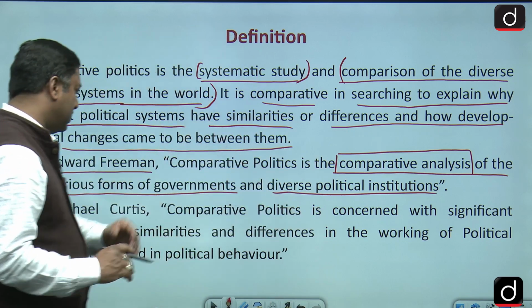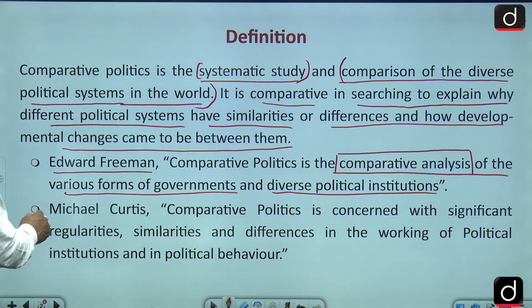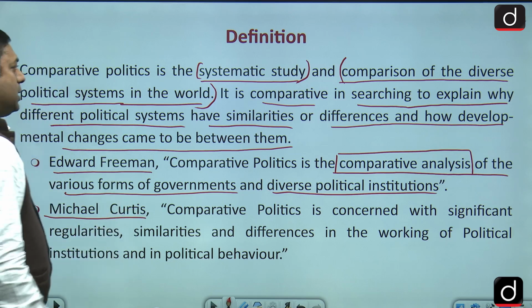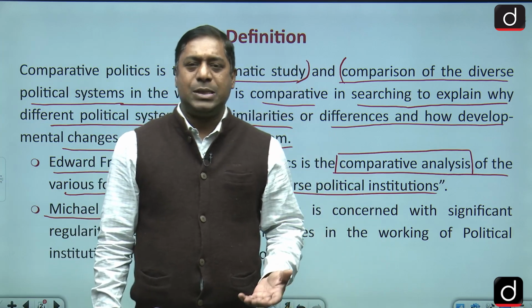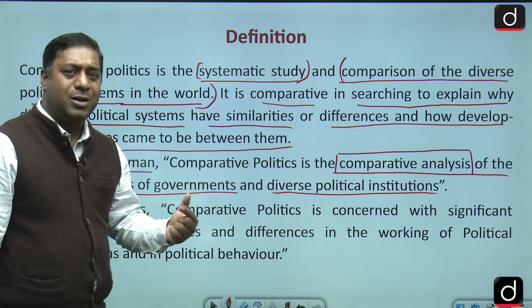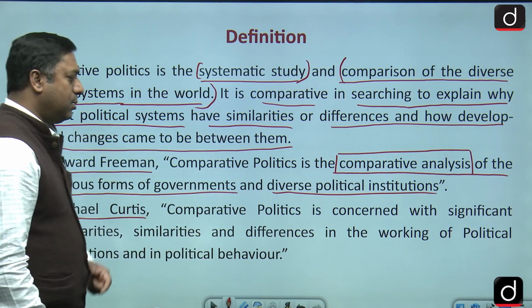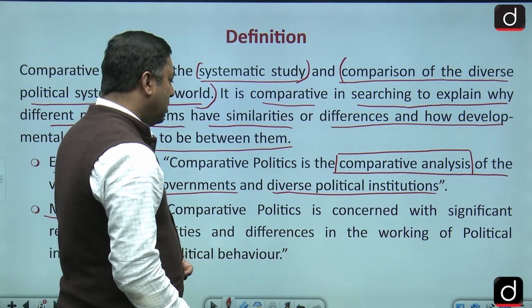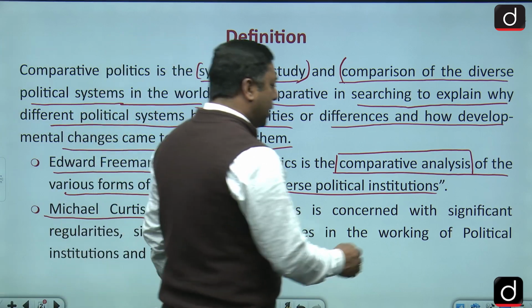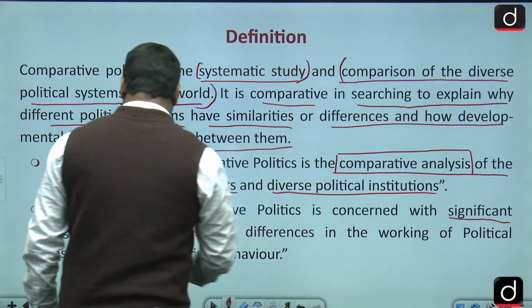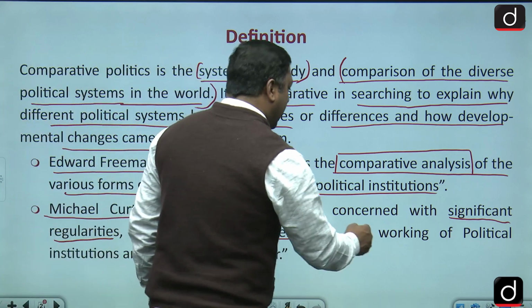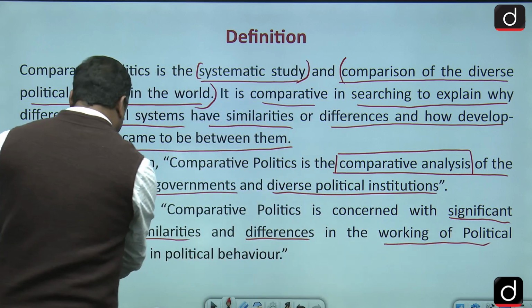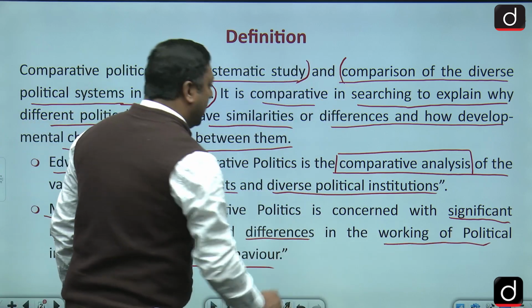Then there is one more political thinker. His name is Michael Curtis. You can spell it in your own way. I spell it Curtis, C-U-R-T-I-S. Michael Curtis says comparative politics is concerned with significant regularities, similarities and differences in the working of political institutions and in political behavior.